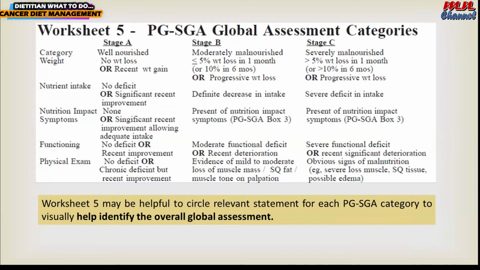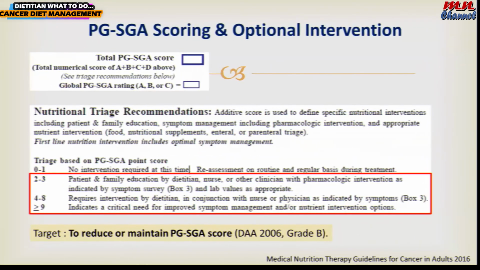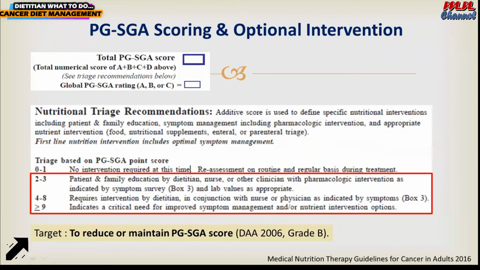So if you are well trained with this PG-SGA, we can categorize the patient, and this PG-SGA helps to identify the overall global assessment. Okay, so our aim is to maintain or to reduce the PG-SGA score.